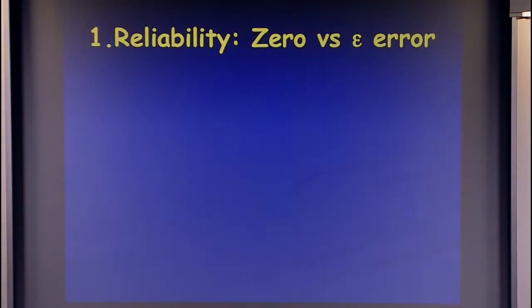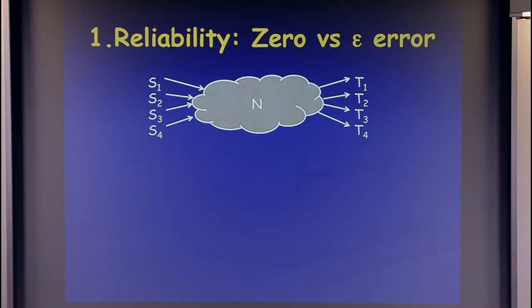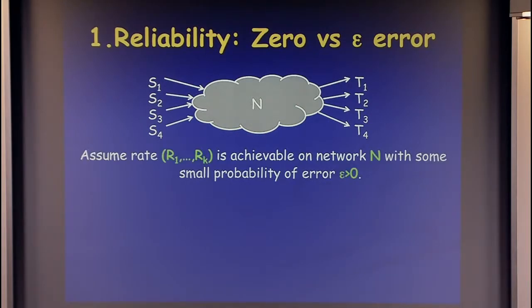Okay, let's start with reliability, and I'll present another question, which is the 0 versus epsilon error communication question. So again, our starting point is a graph, multiple sources, multiple terminals, and we have this multiple unicast communication requirement. And let's say that we can communicate at rates R1 up to Rk on this network, but we can communicate only when we allow a probability of error epsilon.